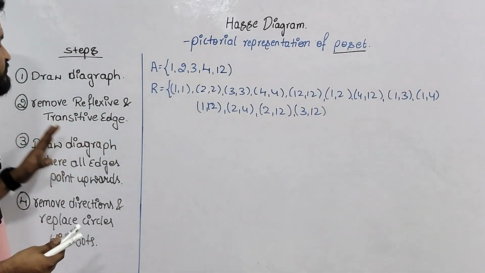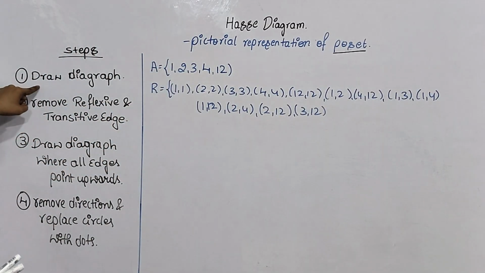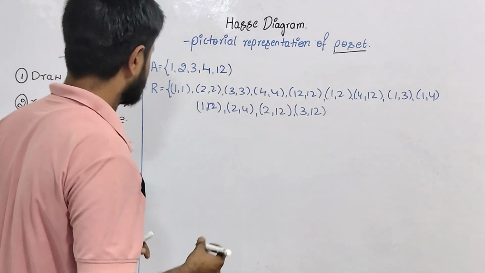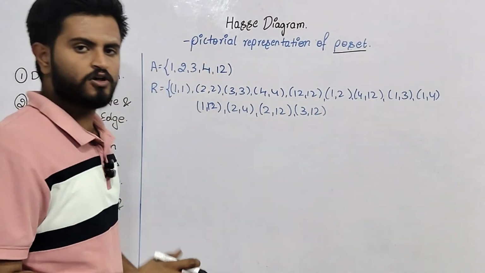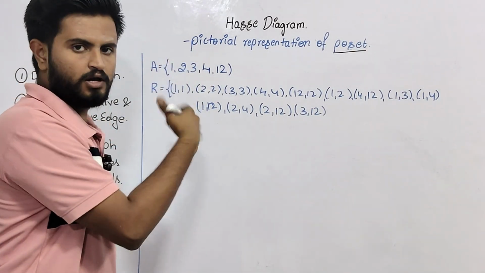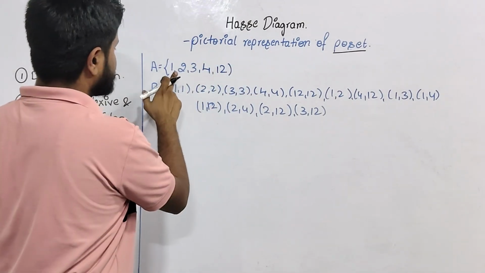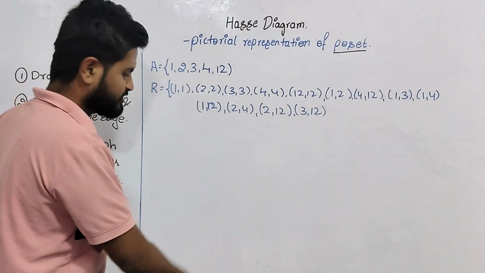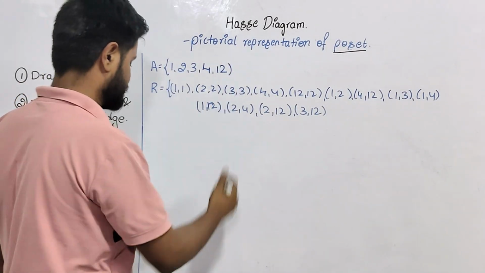To solve the problem, we will be using 4 steps. First one is to draw the digraph. So how to draw the digraph? Here, in the given set, the elements are 1, 2, 3, 4, 12. You can write them downwards or upwards.